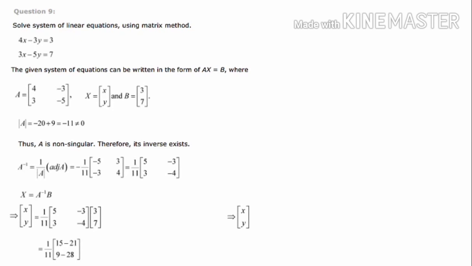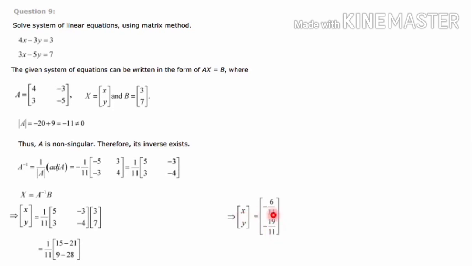That is xy is equal to, when you take this 1 by 11 inside, 15 minus 21 is minus 6. And taking 1 by 11 inside, that is minus 6 by 11. And 9 minus 28 we will get minus 19. When I take this 1 by 11 inside, we will get minus 19 divided by 11.